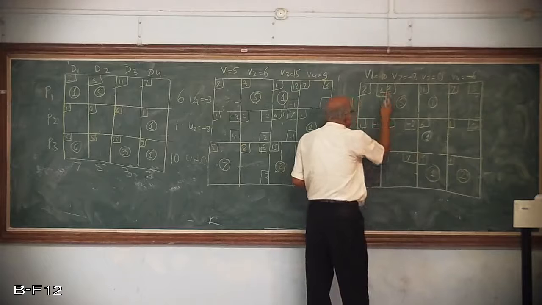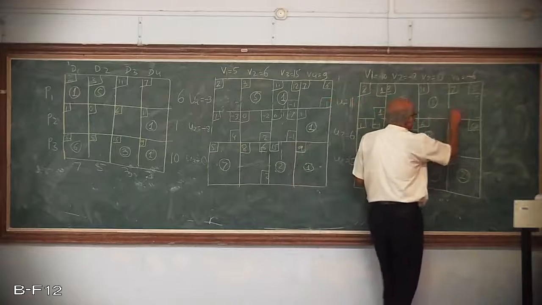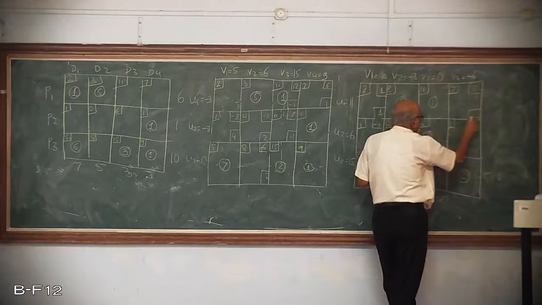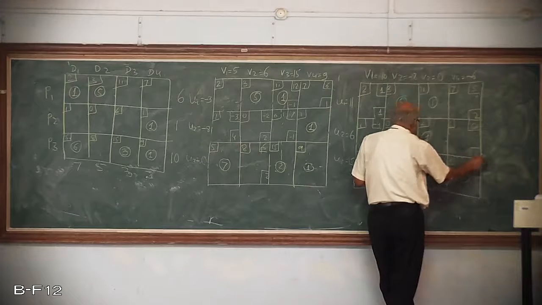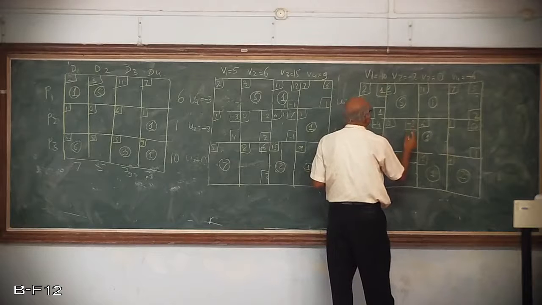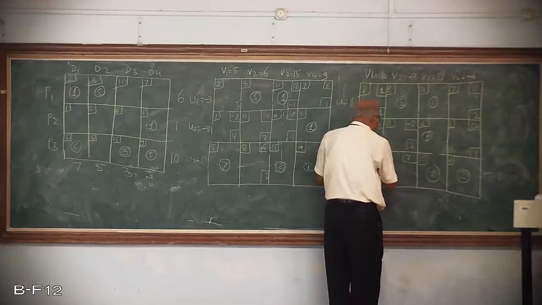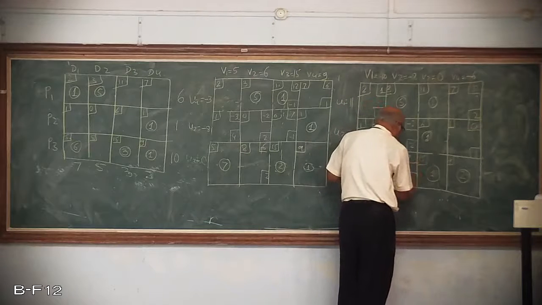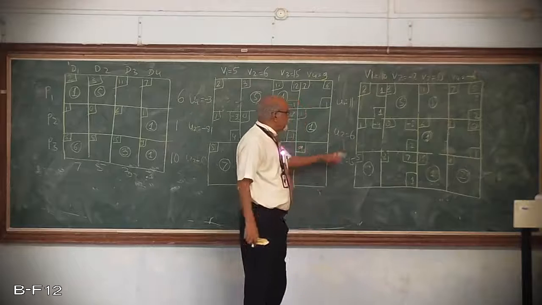Now, 2 minus 1, 1. 7 minus 5, 2. 1 minus 0, 1. 0 minus of minus 2 plus 2. This is 8 minus 7 plus 1. Can you observe this one here?